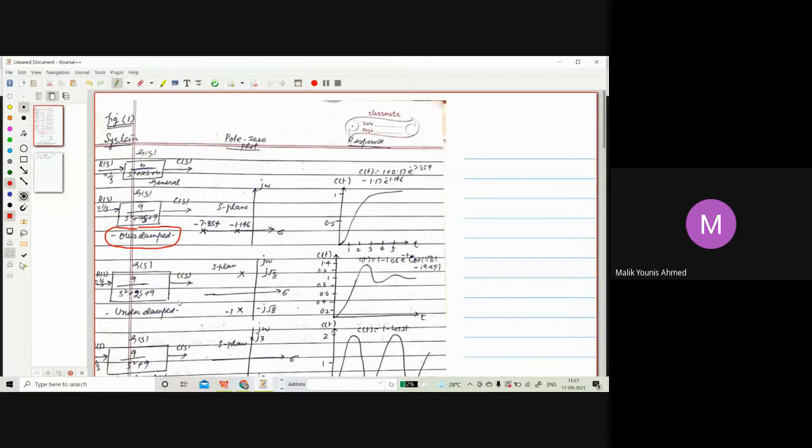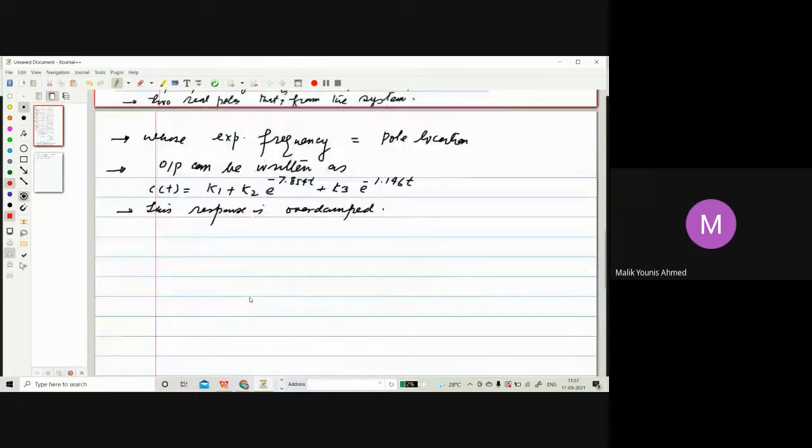So what is the physical significance? Overdamped refers to a large amount of energy absorption in the system.